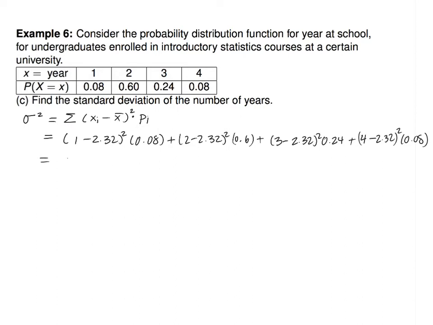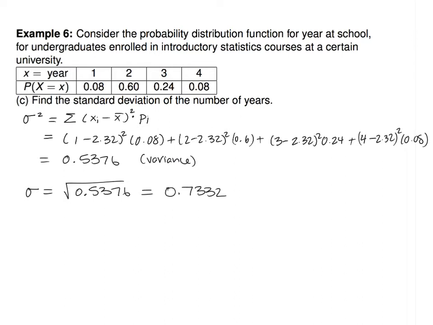Comes out to be 0.5376, and that's our variance. Sigma, which is the standard deviation, is the square root of this number. So taking the square root gives us about 0.7332.